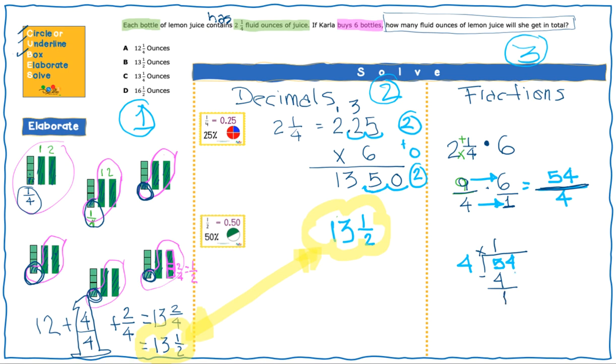We bring down the 4. That's gonna be 4 right here. And we're gonna see 4 into 14. That's gonna be 3 times. 3 times 4, that is 12. 14 minus 12, that's gonna be 2.